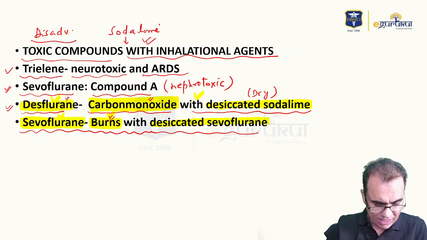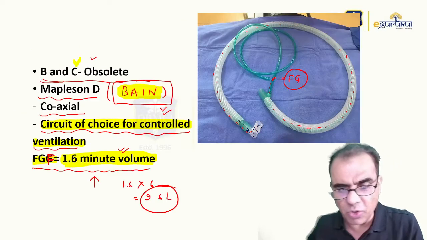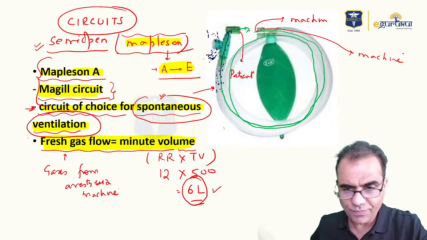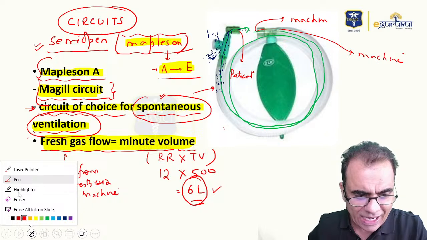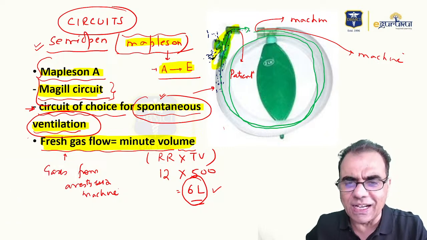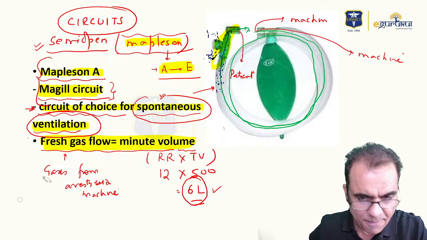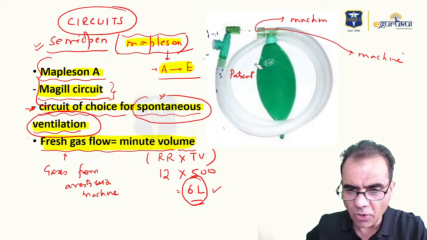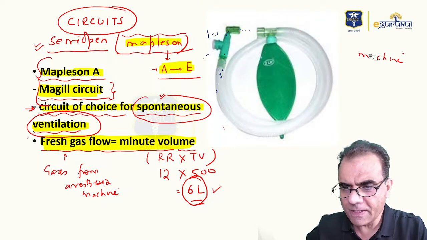Okay Smriti, I will tell you how you can recognize these circuits: adult and pediatric. These are the three circuits which you can recognize. How to recognize? Simple.